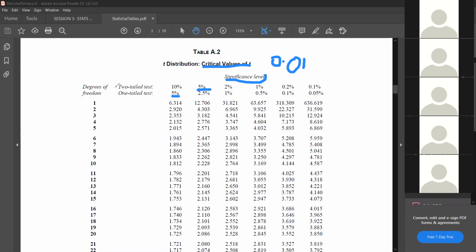But for us to know which one we are supposed to use, it solely depends on where they've indicated 2-tailed test or 1-tailed test. And I've been highlighting this. I said non-directional is the same as 2-tailed hypothesis. Then directional is also known as 1-tailed. So since we know that our hypothesis is non-directional, it means it is 2-tailed. We are supposed to read our information here at the top, which is the 5% here. So it means you are supposed to select this 5%.